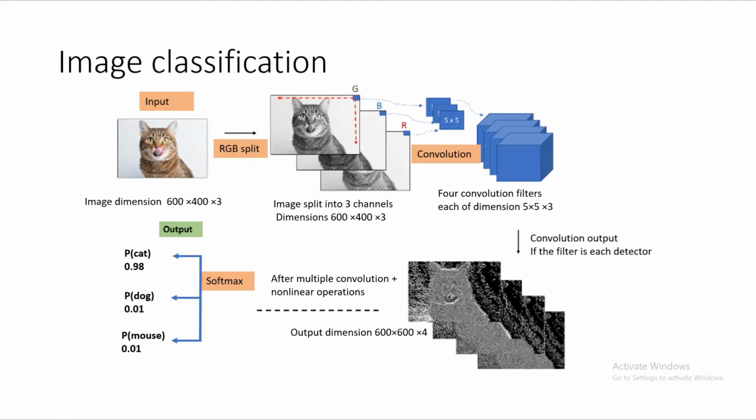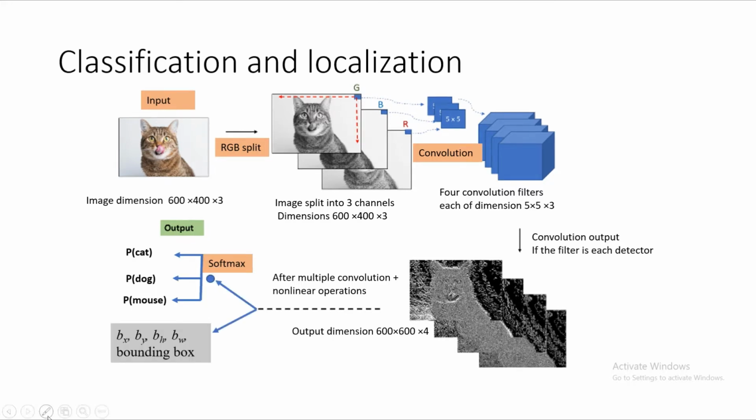Now if we want to localize the cat in the image, we can change our neural network to have a few more output units that output a bounding box. Here we can see everything is the same as in classification, but we add four more outputs.